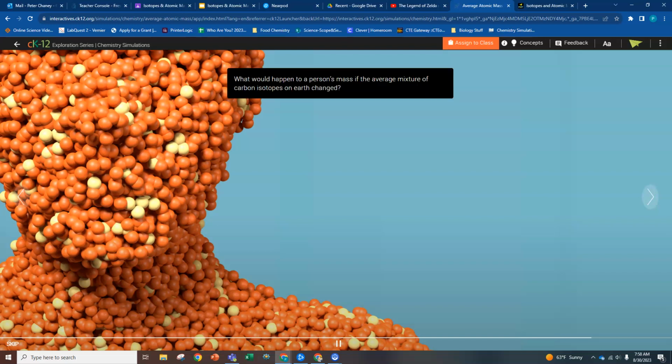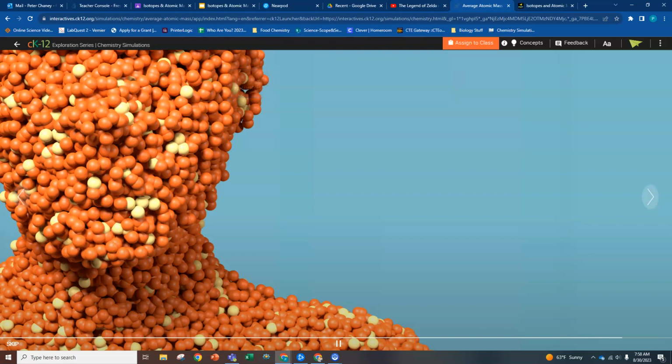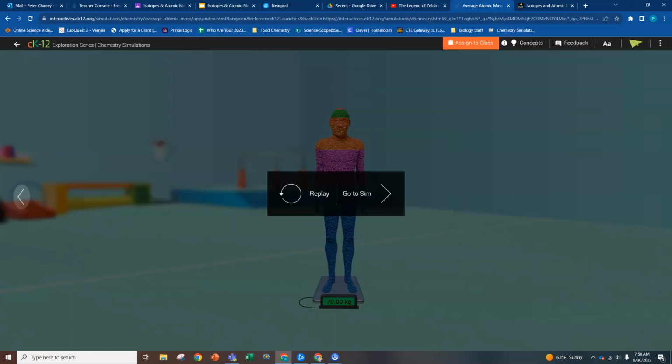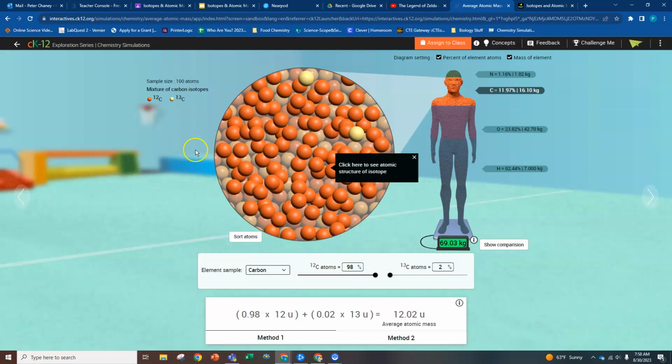What would happen to a person's mass if the average mixture of carbon isotopes on Earth changed? What about hydrogen or nitrogen? So basically, our weights would differ because a carbon-13 atom definitely has more mass to it than the carbon-12 atom. And this simulation right here just kind of shows the math.